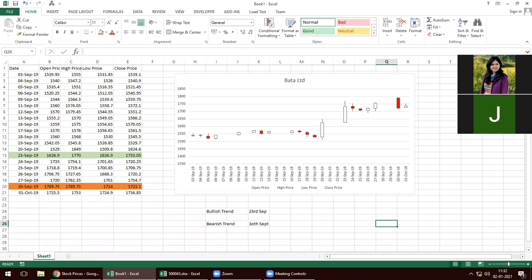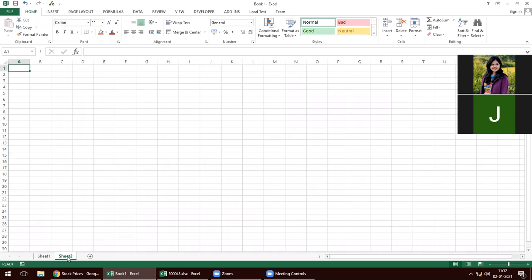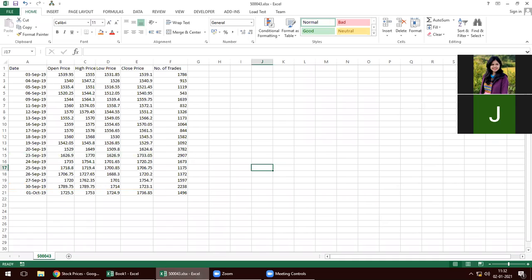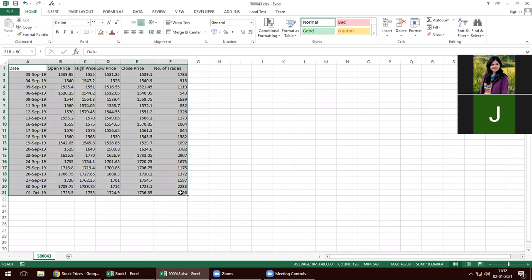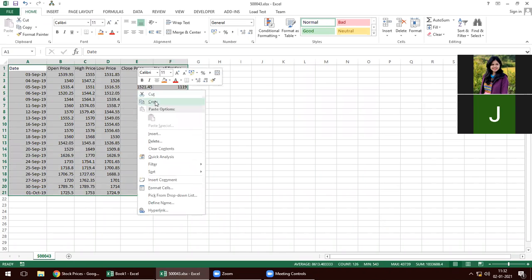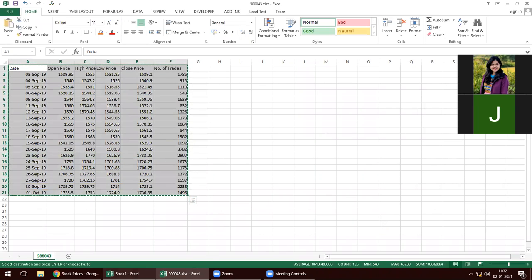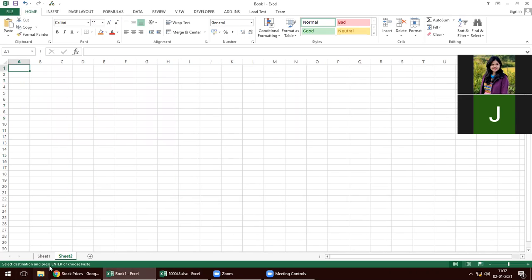In the same sheet, you can add one more thing. Click the plus, we will go for the next sheet. Now what you are going to do is, once again, copy all these things from the raw data file. Copy this one, come to the same sheet, sheet 2.